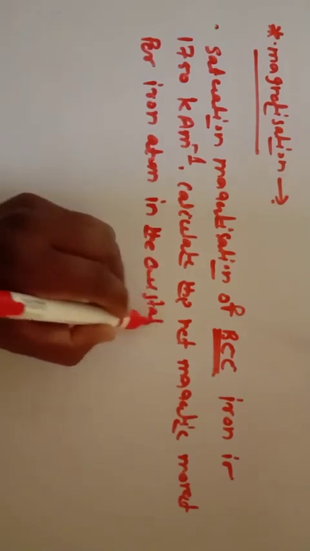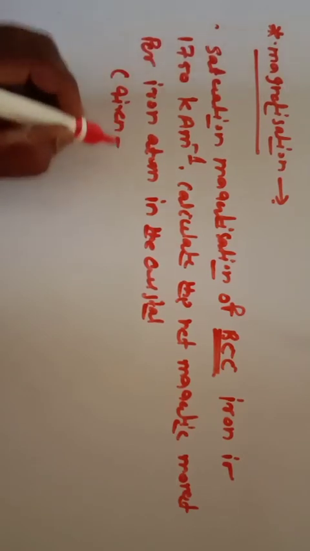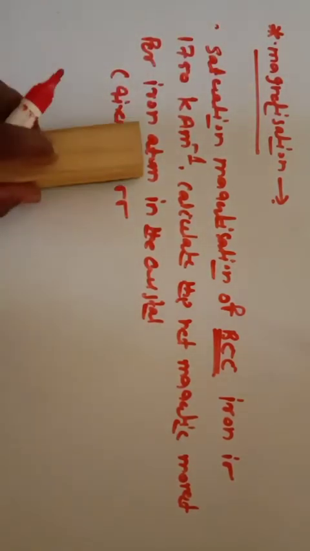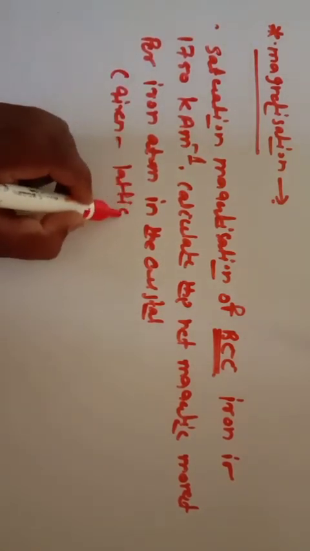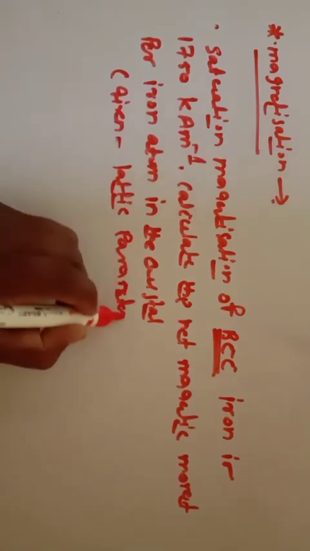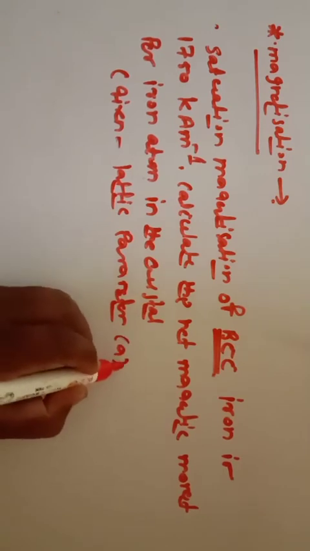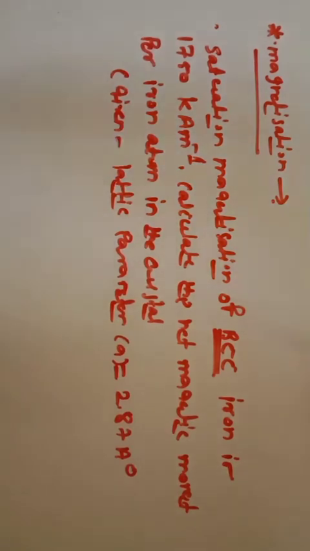And what else is given? The lattice parameter is given, that is the edge length. The lattice parameter for BCC, that is a, is equal to 2.87 angstrom.